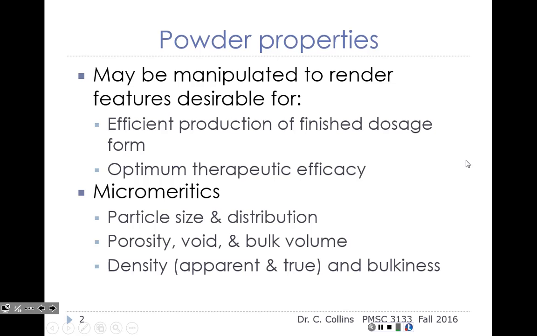Micromeretics looks at these properties from these standpoints. Particle size and particle distribution, which can also include shape. Although for the most part, when we do these types of evaluations of powders, we tend to approximate in our estimation that the particles are roughly spherical in shape, which is not an unreasonable idea because you can get maximum content and minimum exposure to the environment in a sphere.